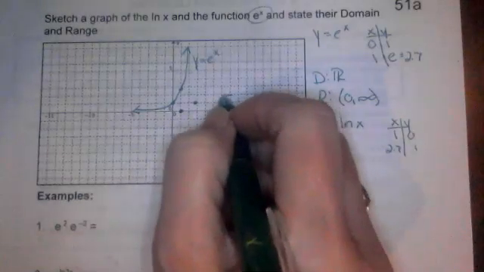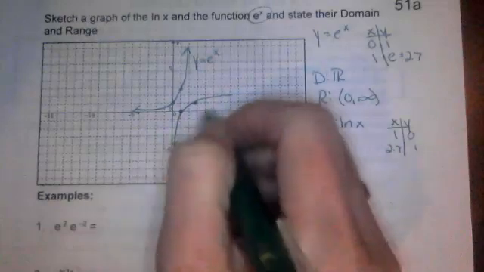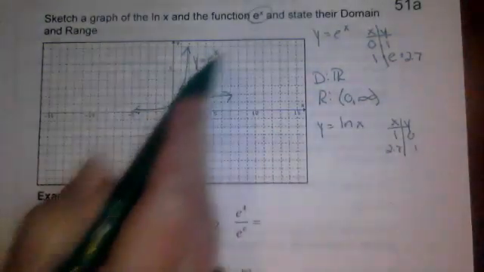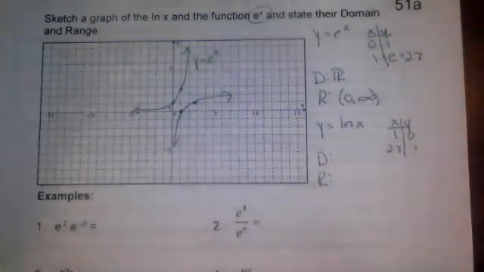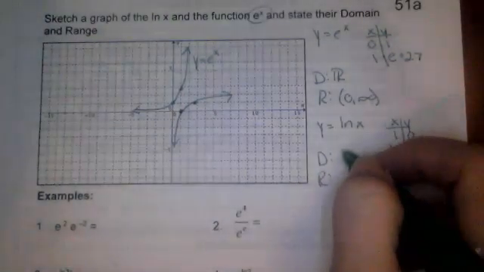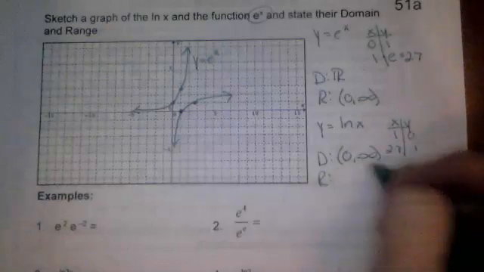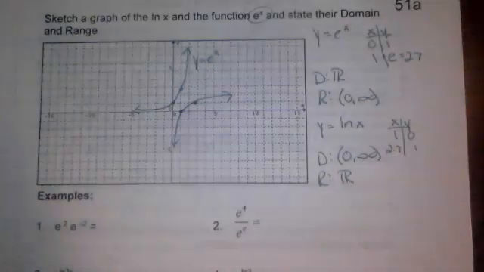And so I get this graph, which is symmetric to the line y equals x. And my domain and my range, they just switch out. My domain becomes 0 to infinity, and my range is all real numbers. Because we know the x's become the y's, and the y's become the x's.